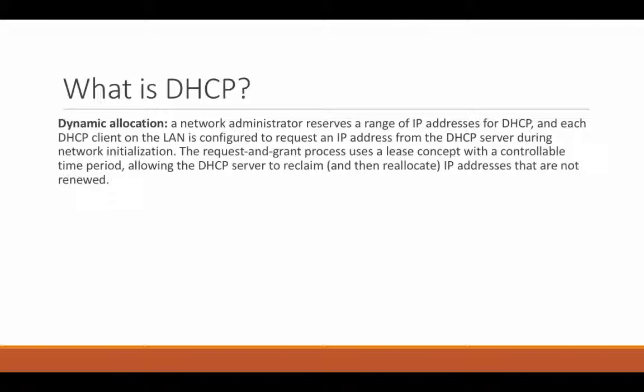The request and grant process uses a lease concept with controllable time periods, allowing DHCP servers to reclaim and then reallocate IP addresses that are not renewed. Those of you who are au fait with Linux and you've used Linux routers before and Linux firewalls, when you look in your dhcpd.conf, at the very bottom you'll often see a list of reserved IP addresses. Those are the static addresses that we're talking about here.